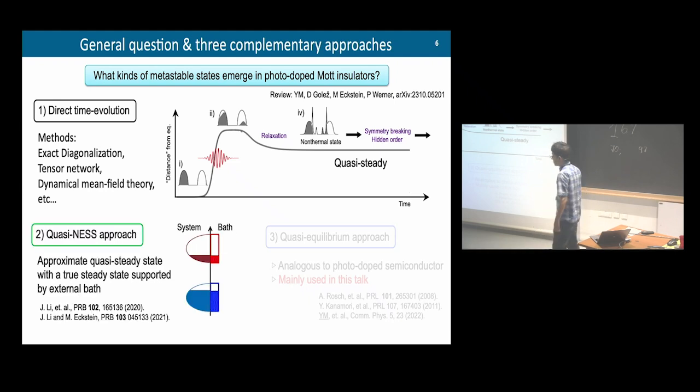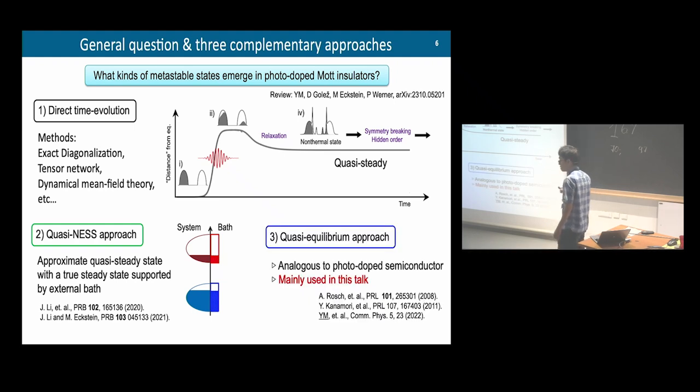The second idea is to approximate this quasi-steady state as a true steady state, which is stabilized by attaching an external bath to keep the number of photocarriers. The third idea is to approximate this quasi-steady state as some sort of equilibrium state that is defined by a fixed number of photocarriers.